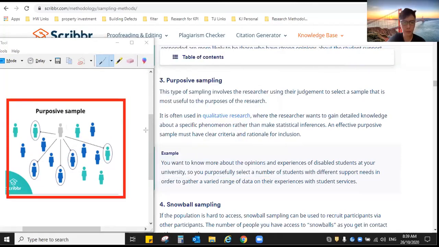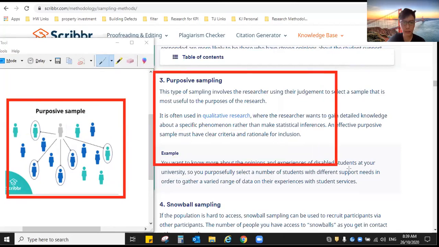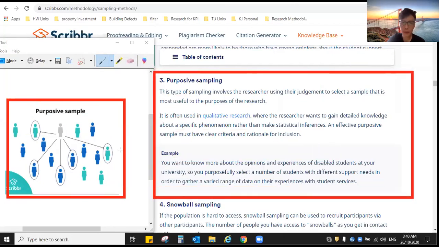Purposive is based on your judgment. Always remember that purposive is based on your judgment. Whose judgment? Your judgment, the researcher's judgment.